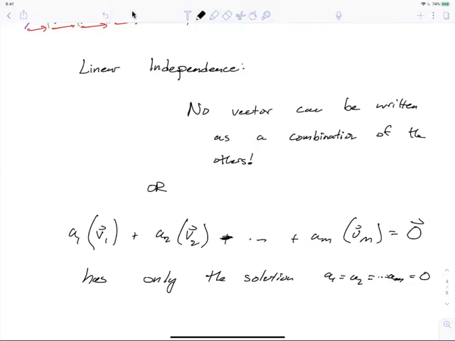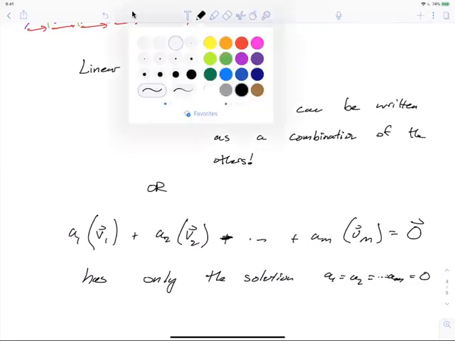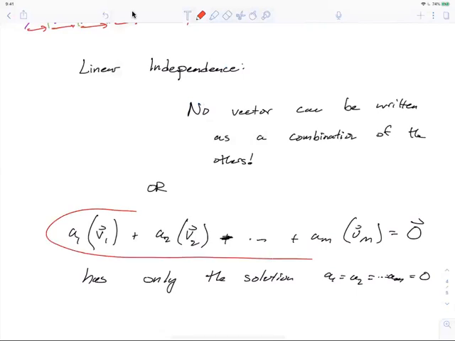So the other way to say this is that this equation right here has only the 0 solution. This says that if your vectors are truly independent, the only way to get to 0 is to never move at all.